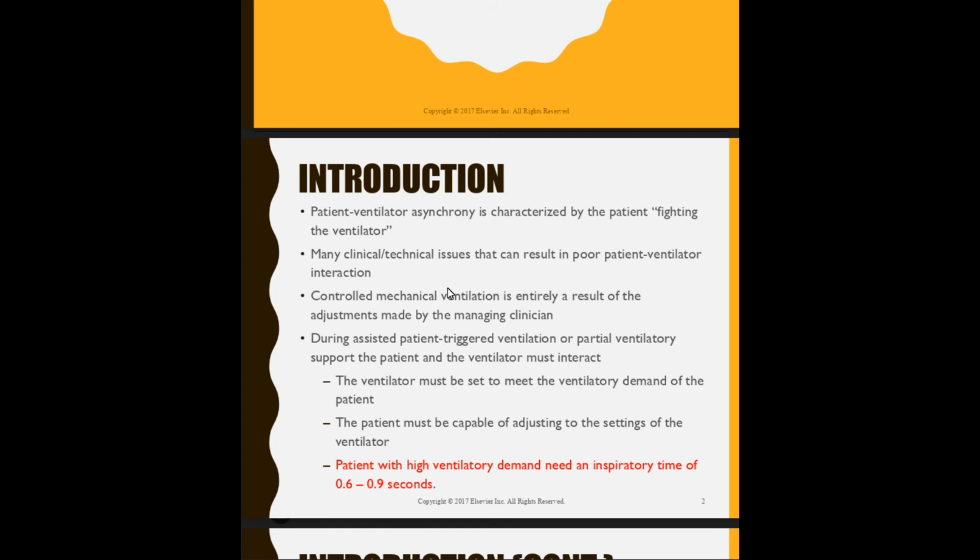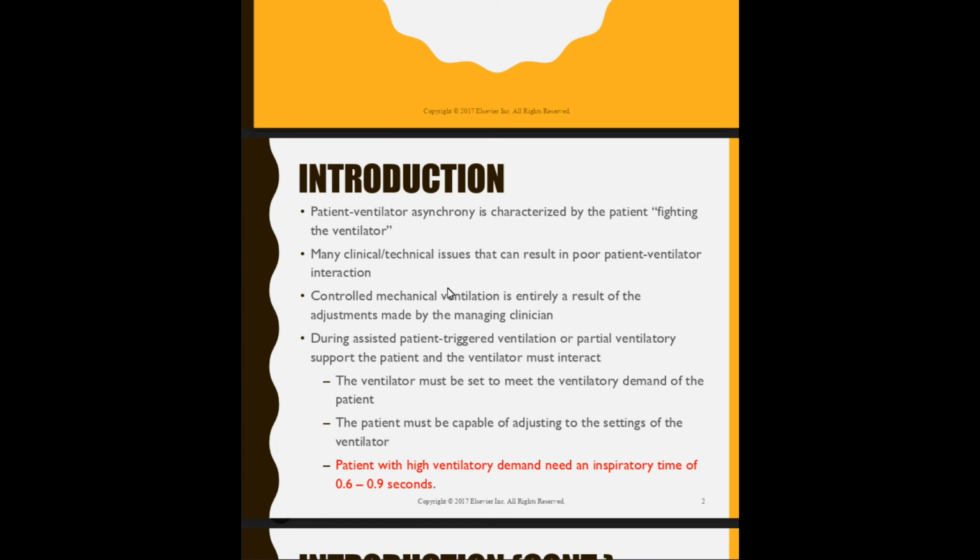But as time went on, we found out that the therapists have not been setting the ventilator correctly, thus causing the asynchrony or dyssynchrony, and it was not the patient. Now, if you think about it too, patient can't even really breathe on their own, so how can they be fighting the ventilator?